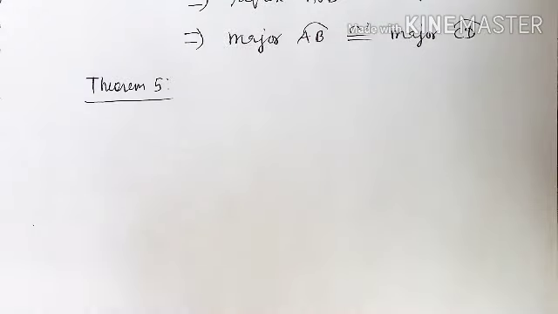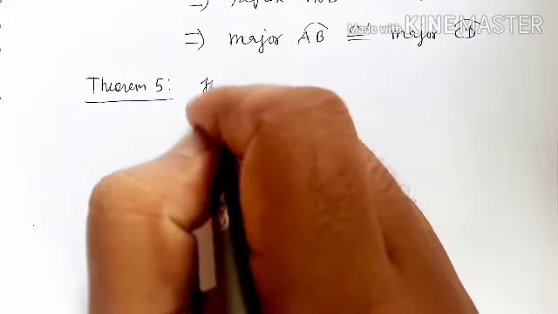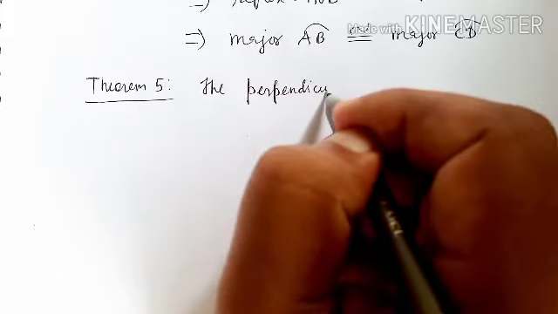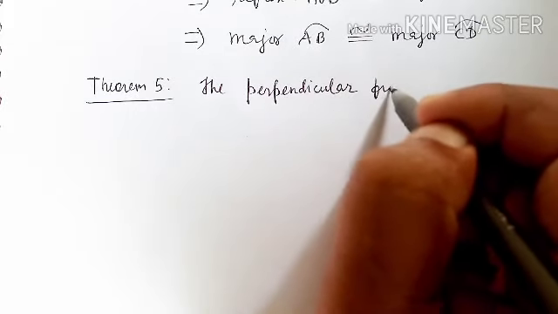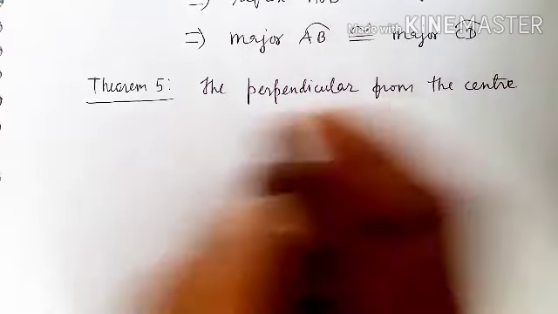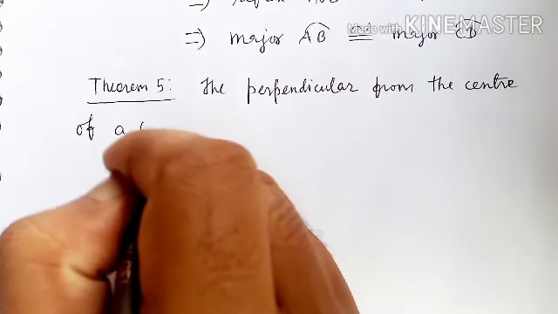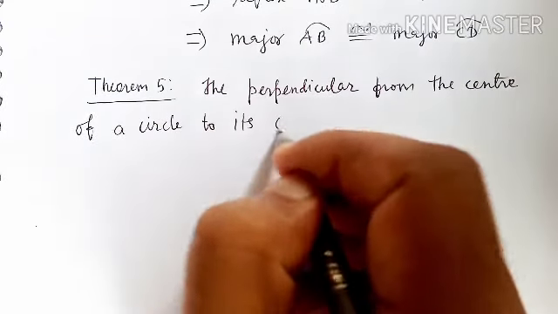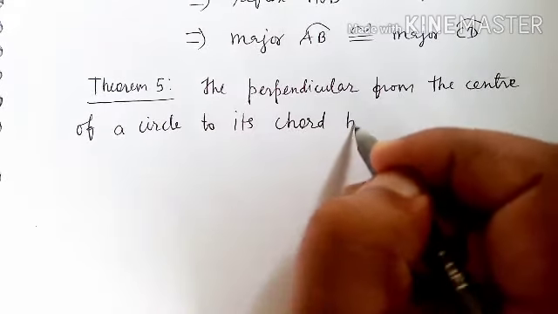Now theorem 5. The perpendicular from the center of a circle to its chord bisects the chord.